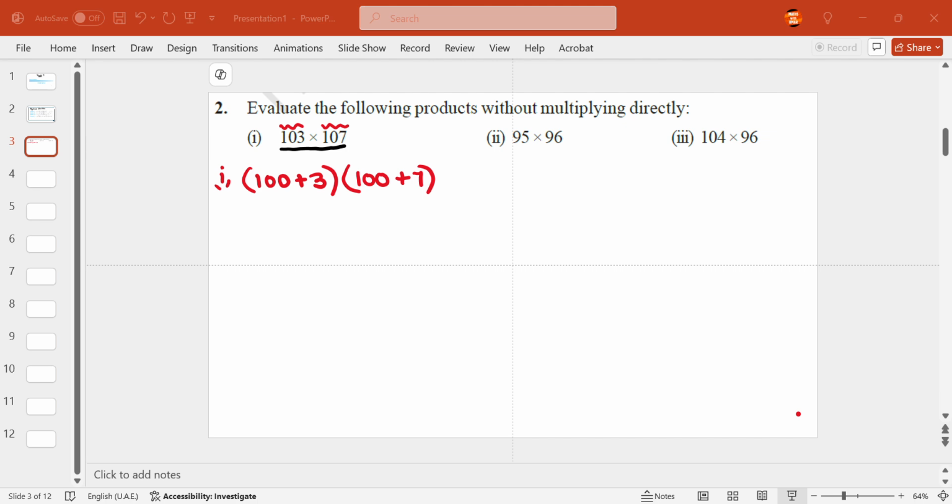And 100 square, how can you write? 100 multiplied by 100, so 100 and two more zeros at the back, that is 10,000, plus 7 plus 3 is 10, 10 times 100 is 1000, plus 3 sevens are 21. So it is 10,000 plus 1,000, 11,000 and 11,021. Is it clear, my dear students? So this is another type of application of algebraic identities.